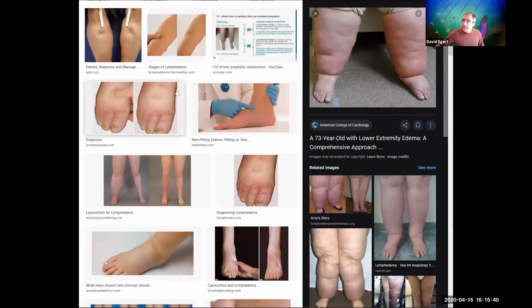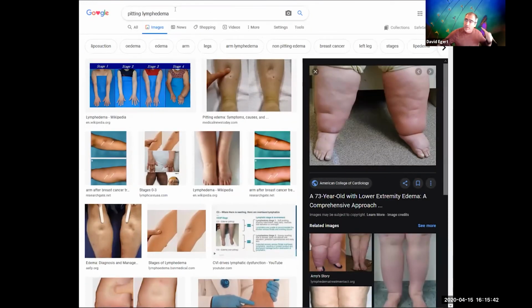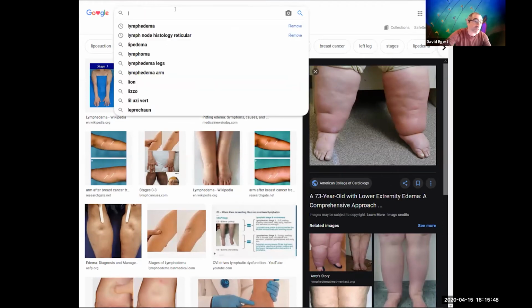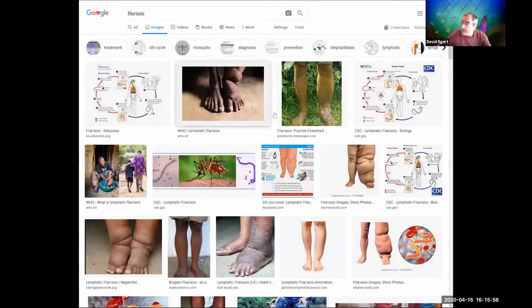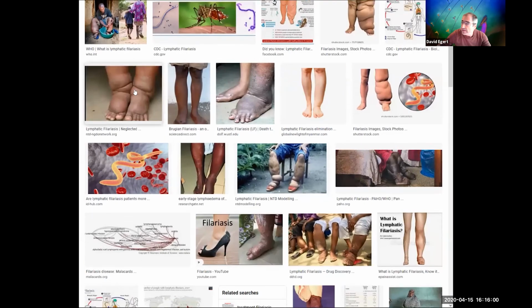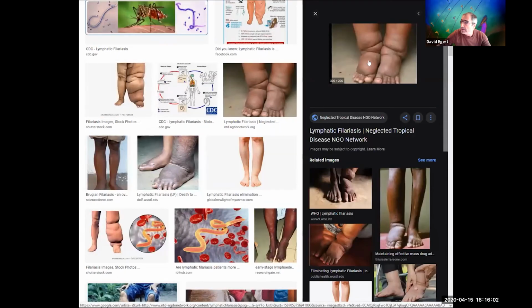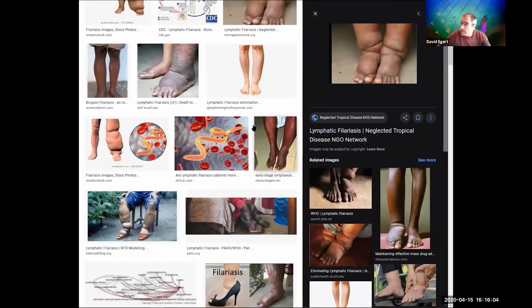Some diseases, there's this tropical disease where this little worm gets in and blocks your lymph vessels. And I think it causes scarring that blocks the lymph vessels. So it's called elephantiasis or filariasis. Again, let's get some better pictures.